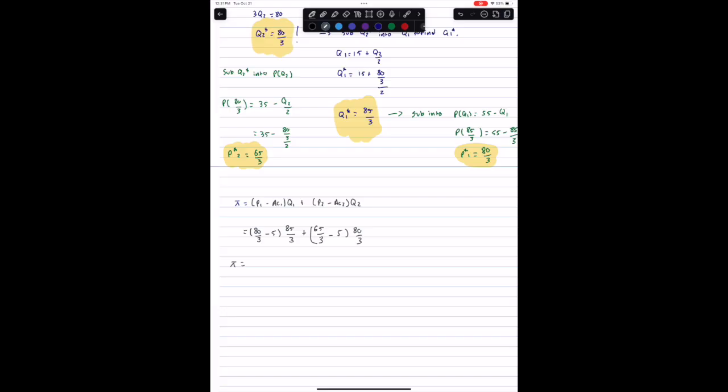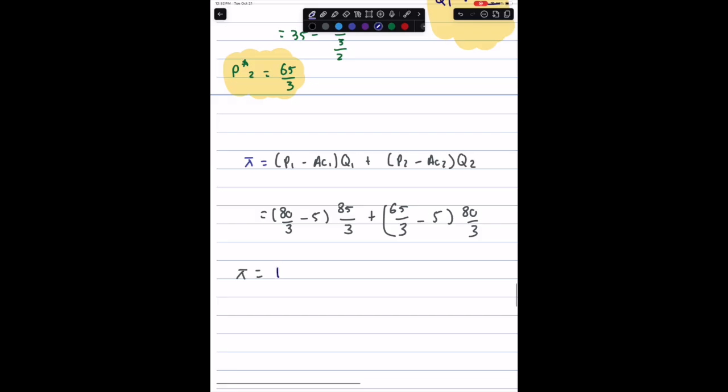We know our new profit is going to be equal to, let me just do the calculation. 80 over 3 minus 5 times 85 over 3 plus 65 over 3 minus 5 times 80 over 3.